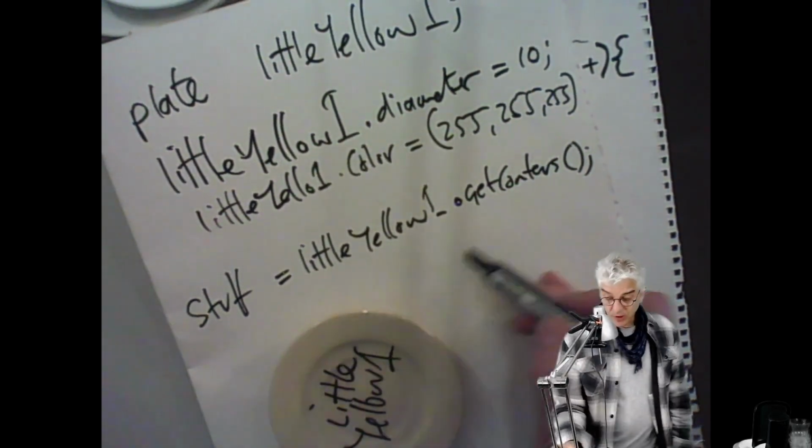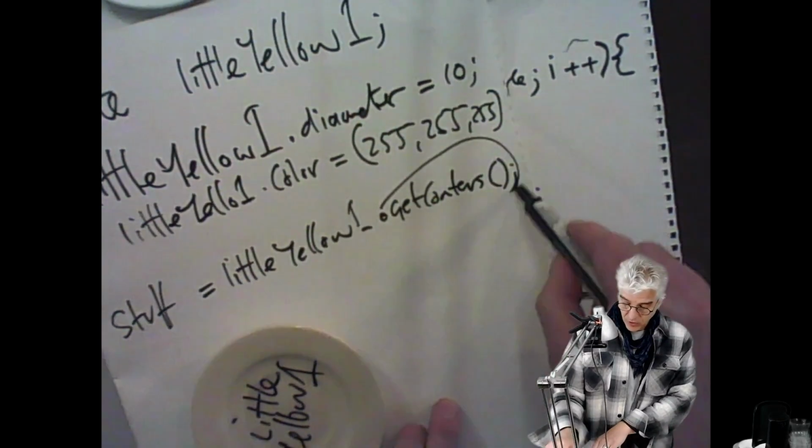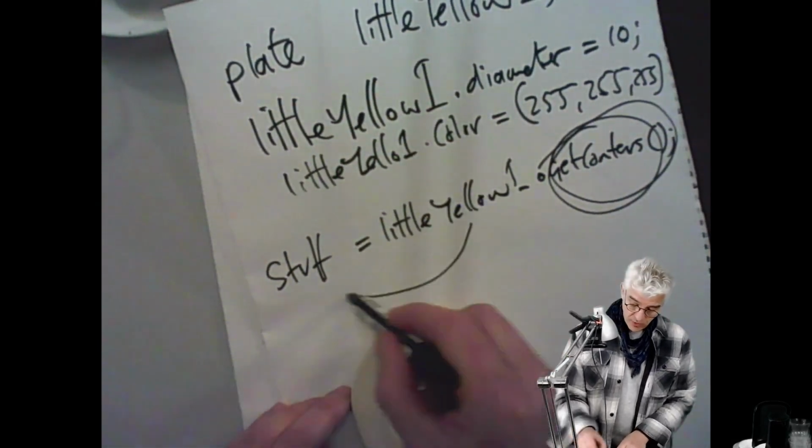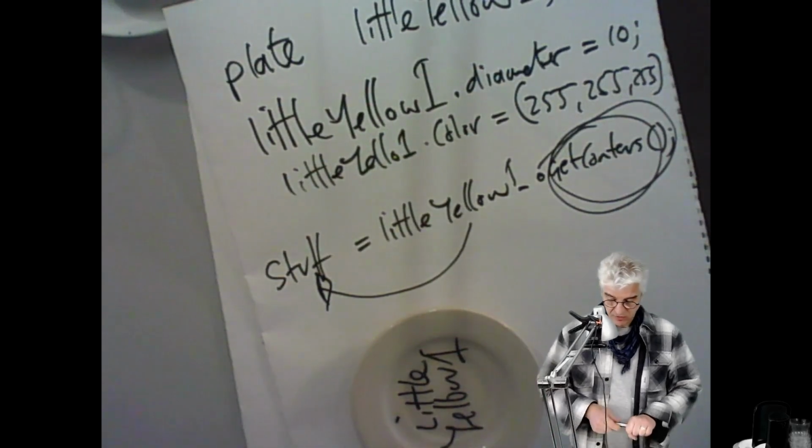So a little yellow plate will look inside itself, realize that it knows how to do this function, get contents, go and do it, and put the result into this stuff variable.